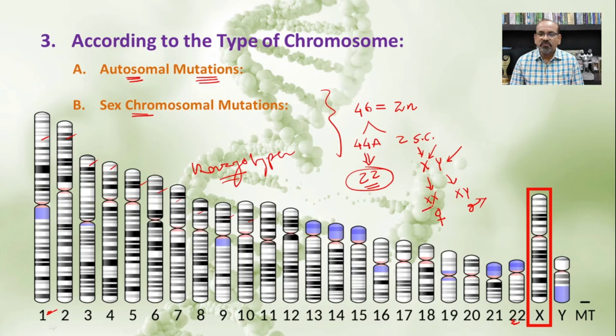As in the female there are 2 X chromosomes, if there is a mutation on the X chromosome, there will not be much effect on the female organism, but as there is a single X chromosome in the male organism, it will be effective in the male organism. And if there is a mutation on the Y chromosome, then it will always be present in the human male. Such mutations on the autosomes as well as the sex chromosomes are common in different organisms, right from plants and animals to human beings also.